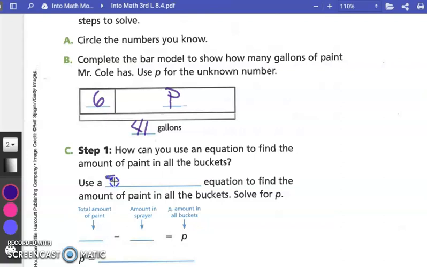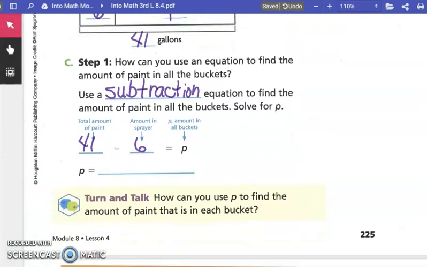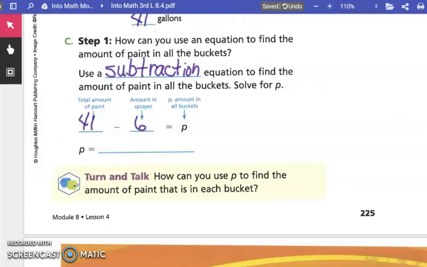Subtract. So it says use a subtraction equation to find the amount of paint in all the buckets to solve for P. So the total amount of paint is 41 gallons, and the amount in the sprayer is 6. And if we subtract those, we're going to find our unknown of P.